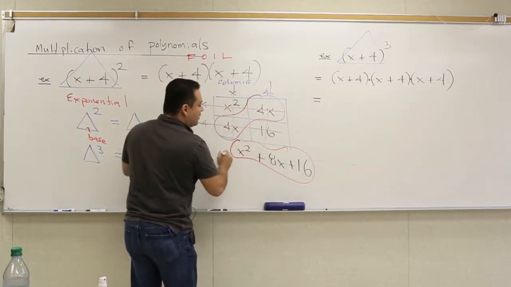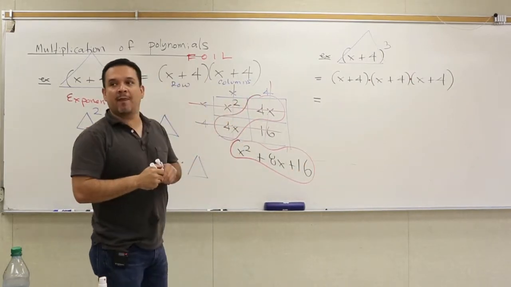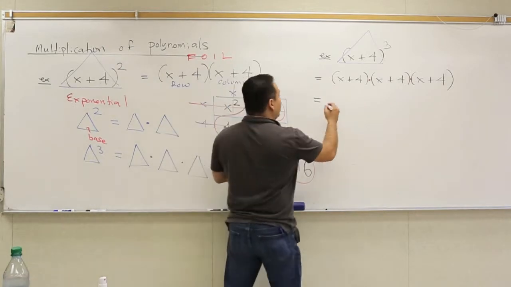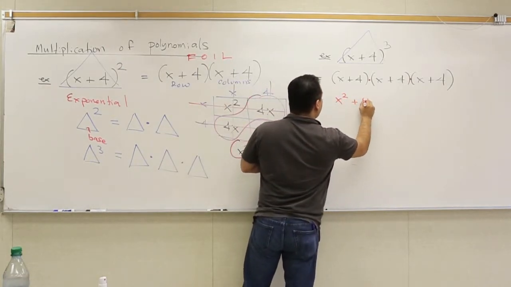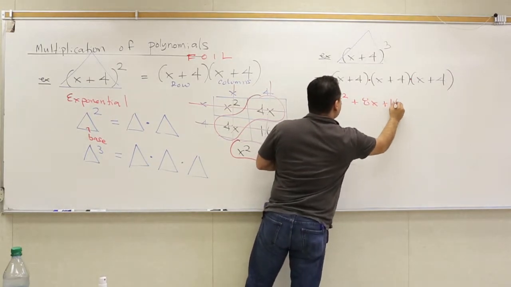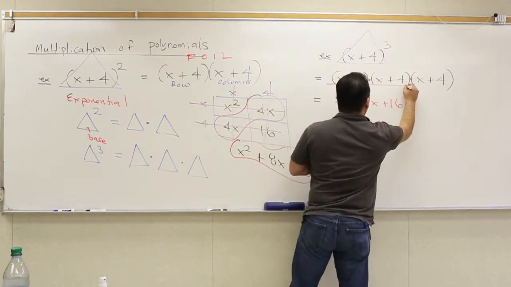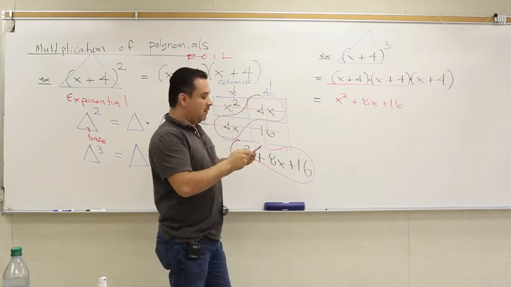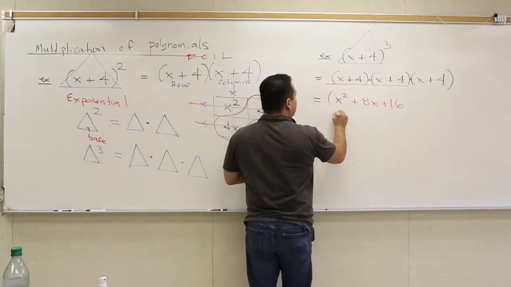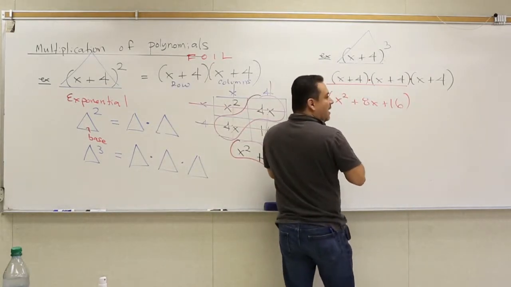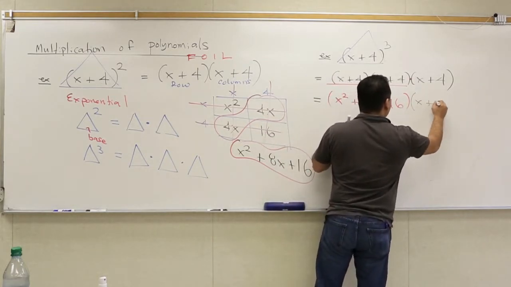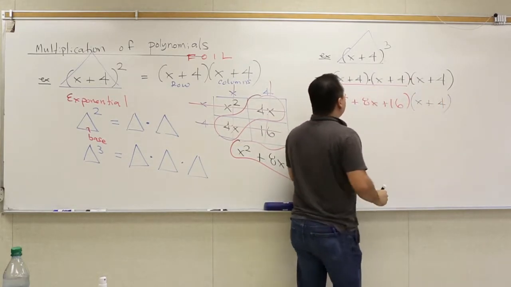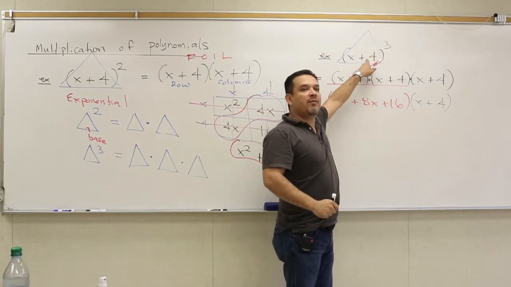Isn't it x squared plus 8x plus 16? So I can replace this with what? X squared plus 8x plus 16. This is my product right here. So I already have that. And then I have to multiply this with what? Another x plus 4, because this is repeat multiplication.